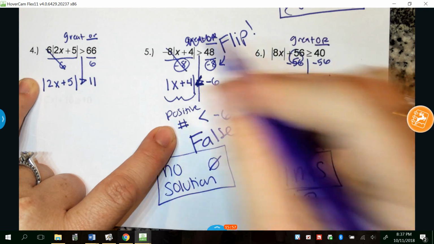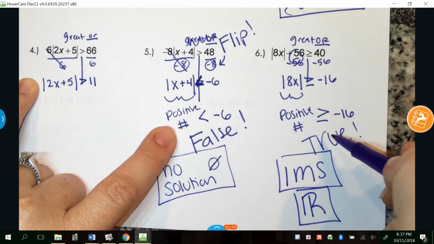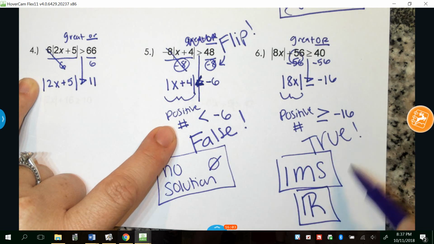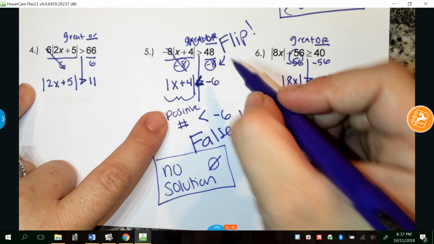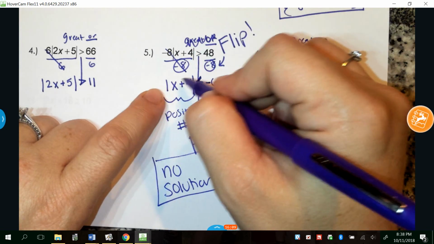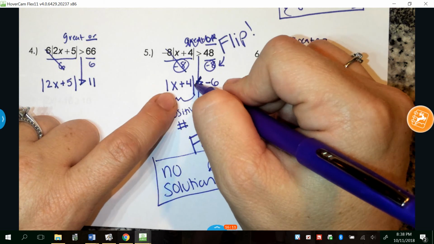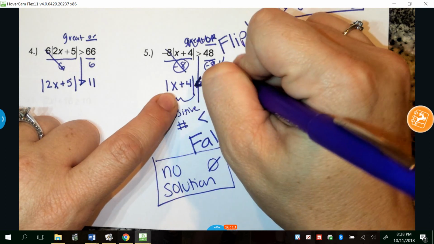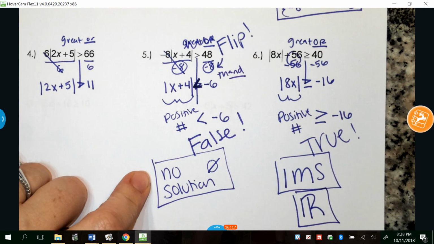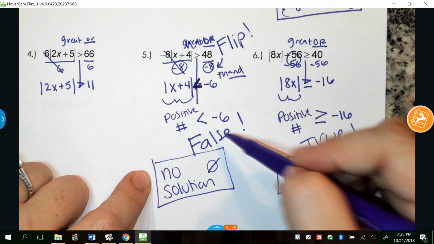Don't listen to what I just said. This is greater, okay? So anytime it's greater, it's going to be IMS. It's true, okay? You don't pay attention to greater or less than until after your absolute value bars are by themselves. So this is actually less than. That's when it'll be false and no solution. Okay, but you can always think about it just this way.